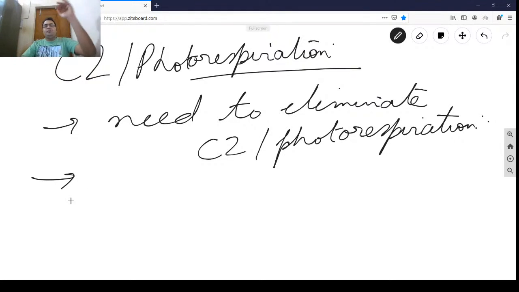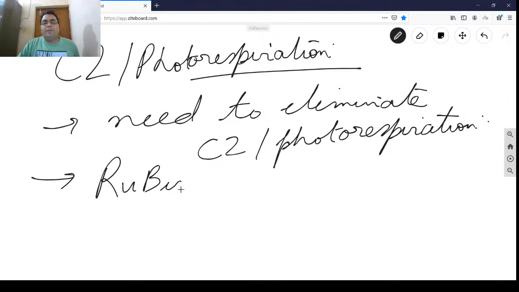You are trying to take out the effective catalytic pathway pertaining to the oxygenase activity of the enzyme Rubisco, ribulose 1,5-bisphosphate carboxylase oxygenase.